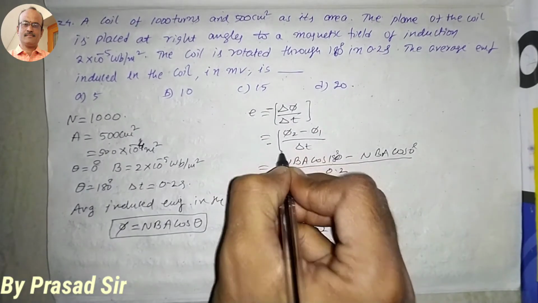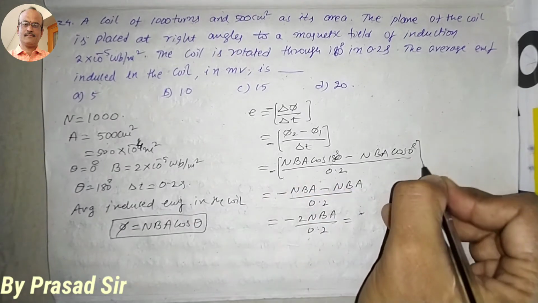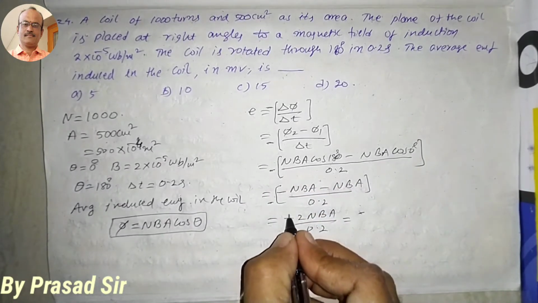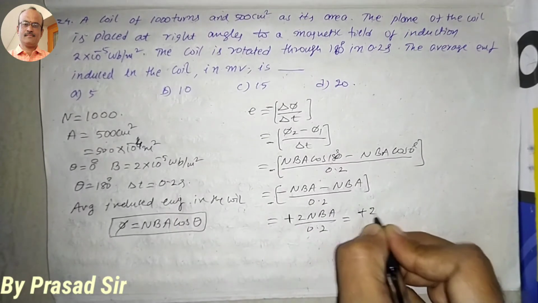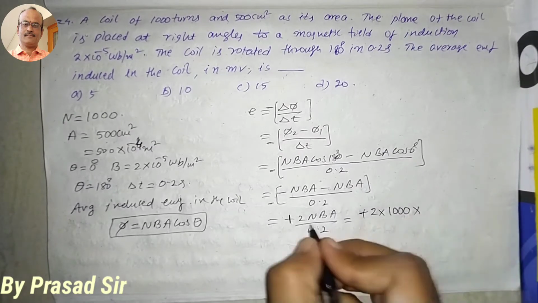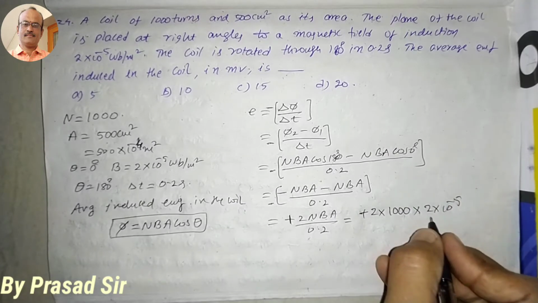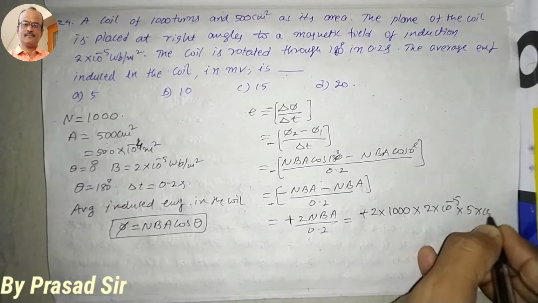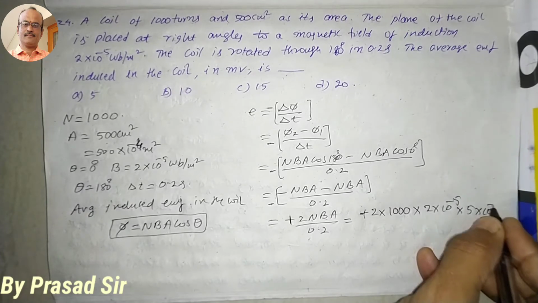So that's why I will take here minus, and I will take this one as minus, and here totally I will take this one as minus. We will get plus. So that means plus 2 into 1000 into N. B is nothing but 2 into 10 to the power of minus 5 into area 5 into 10 to the power of minus 2.